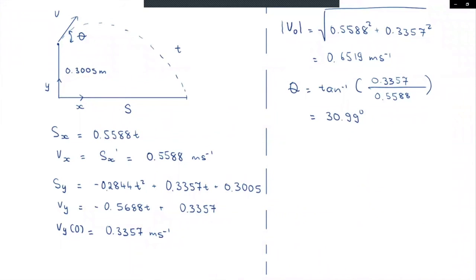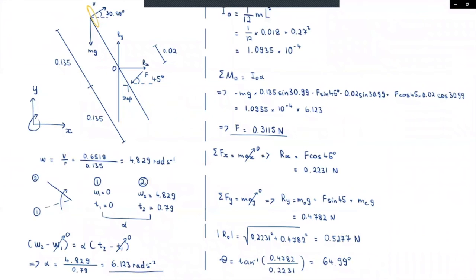So to calculate it, we use the graphs to find the initial velocities and use that to find the launch angle. And then we use those values to find the angular velocity and acceleration, and then an equation of the moment of inertia to find the force and the angle the force was applied at.